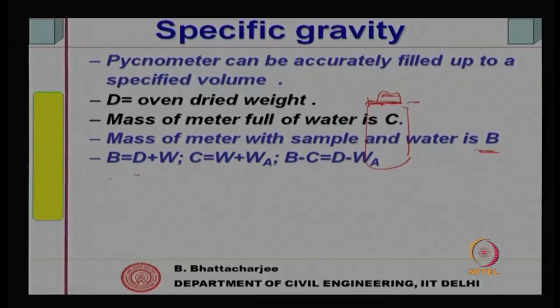So, B is equal to D plus W, that is D plus some weight of water. C is equal to the weight of water, this W, plus the weight of the same volume of aggregate. So, B minus C will give you D minus WA, that means the oven dried mass of the aggregate minus the mass of the same volume of water.